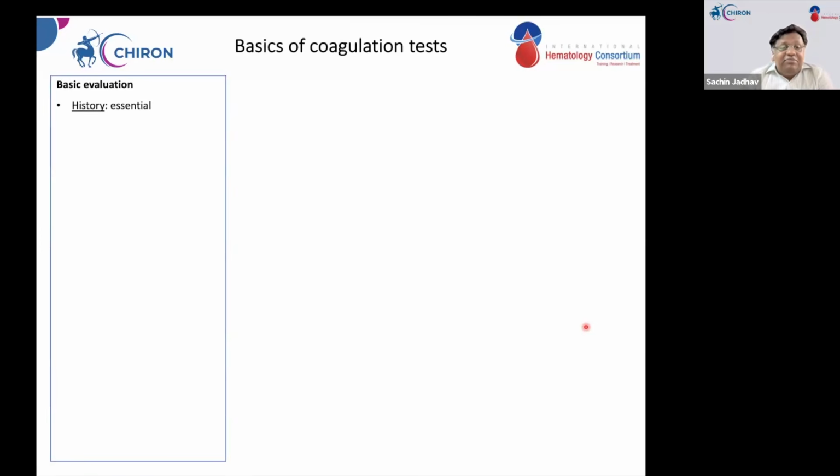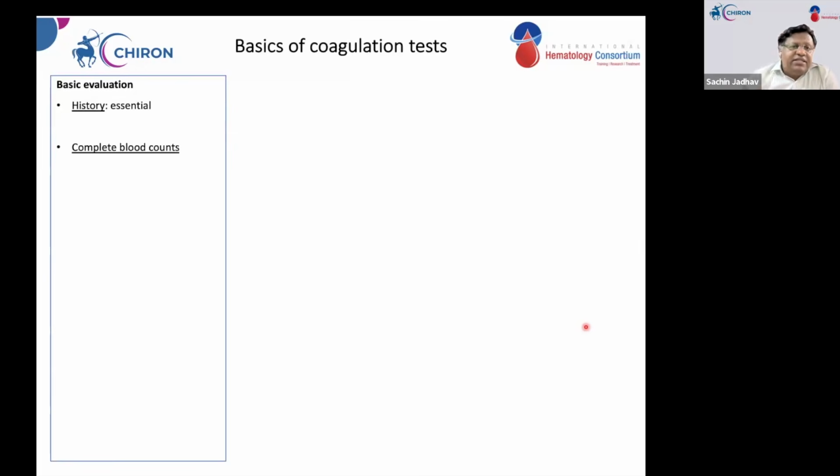All of us see patients who have a history of bleeding, spontaneous or after injury, but nobody takes the history. Nobody asks the patient. And then they undergo some surgery, and then there is post-operative bleeding. And if you talk to the patient, they'll say, yes doctor, I've been having bleeding. Nobody in your hospital asked me, right? So history is very critical, and we'll come to some details of this.